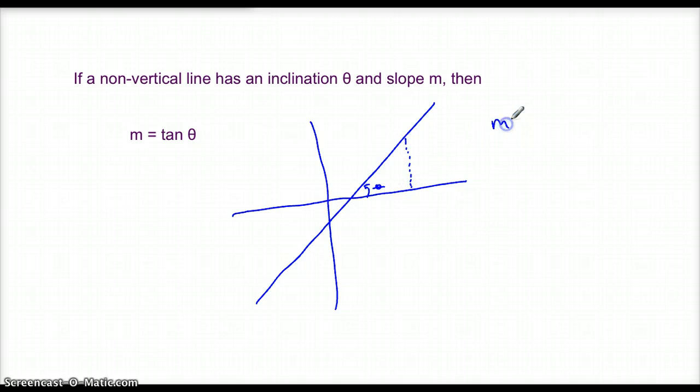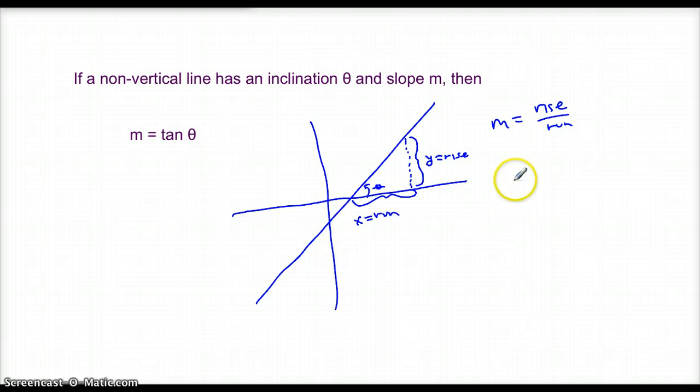Remember that slope is equal to rise over run. Well, the rise here is this distance, which happens to be our y, or rise. And this distance is our run, which happens to be equal to our x value.